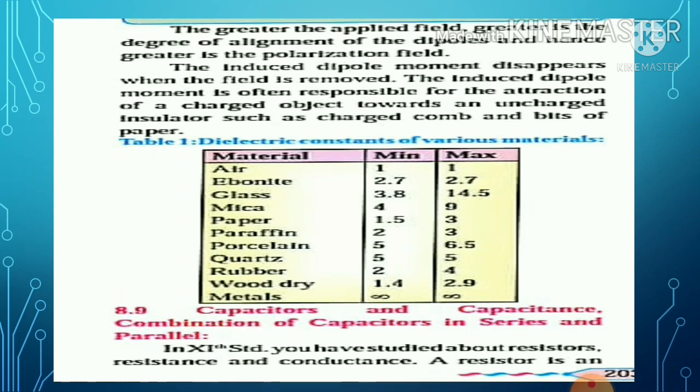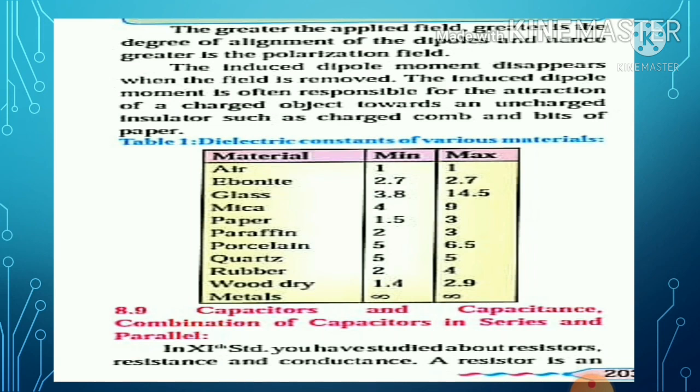In this table, the first column is material, the second column is the minimum value of dielectric constant, and the third column is the maximum value.